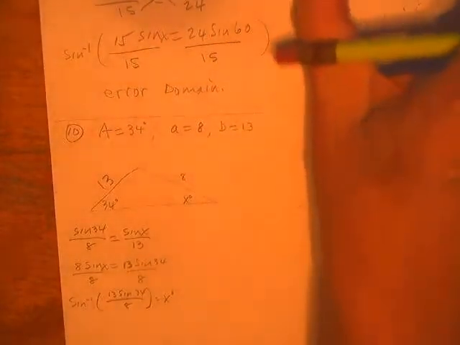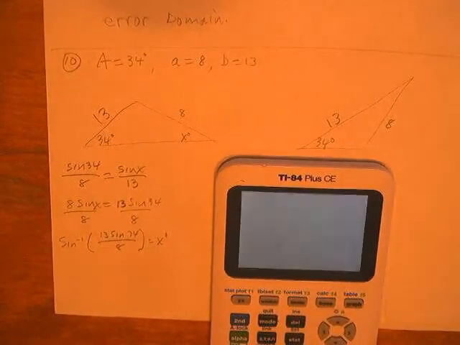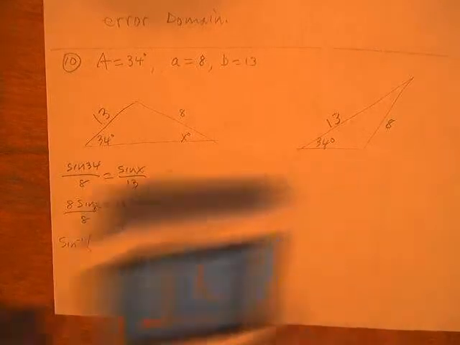If it exists. Now it's possible that it doesn't exist. It didn't exist on the last one. Okay, let's see. Let's do second sine 13 sine 34, close that, divide by 8, close that. Let's see if it exists. Oh, look, it existed.